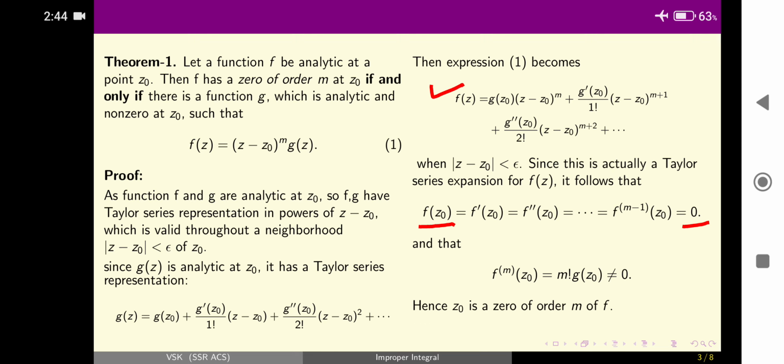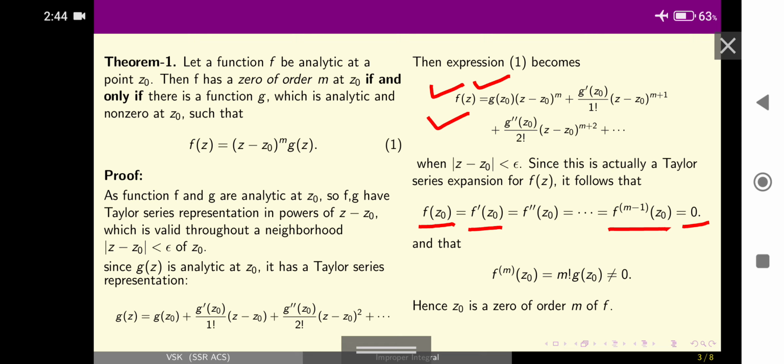Then finding the derivative of this one time and putting z equal to z naught, we get f dash z naught is equal to 0, and so on up to the (m minus 1)th derivative at z naught, we get the value 0 from this expression by doing successive differentiation.